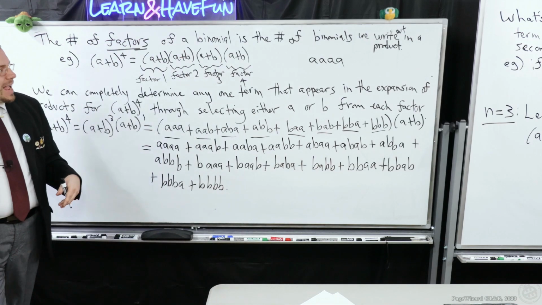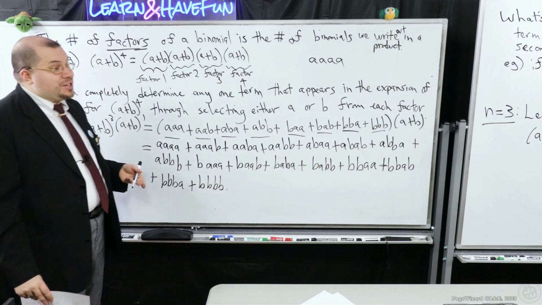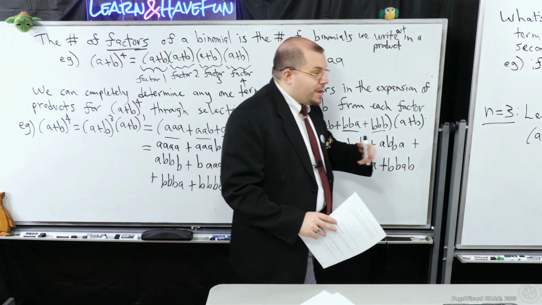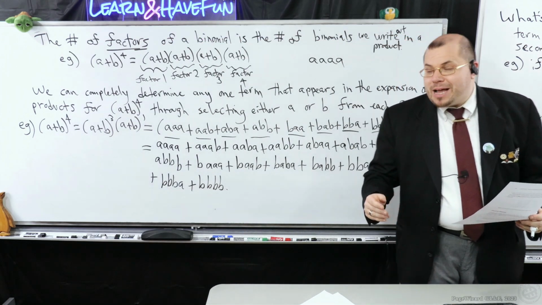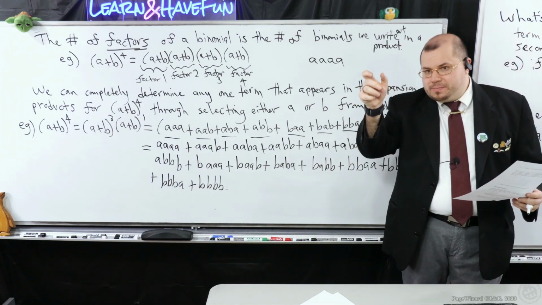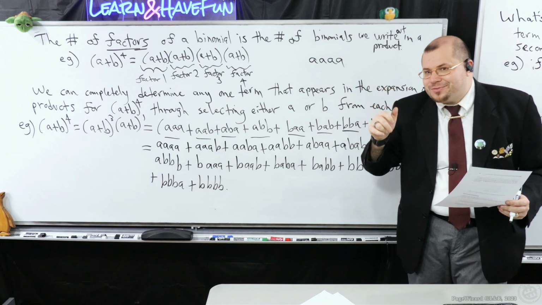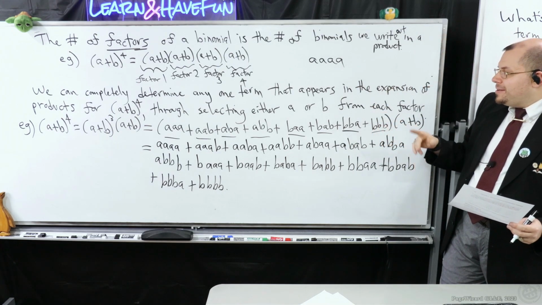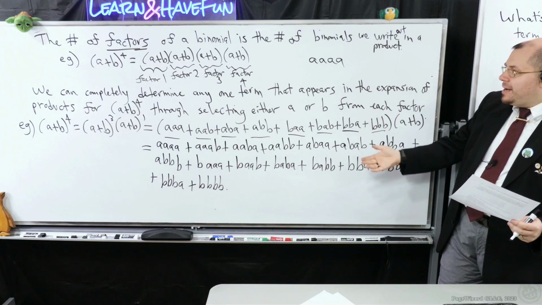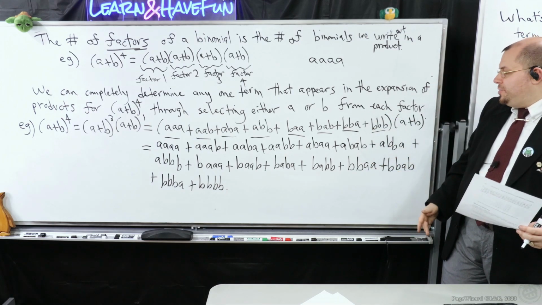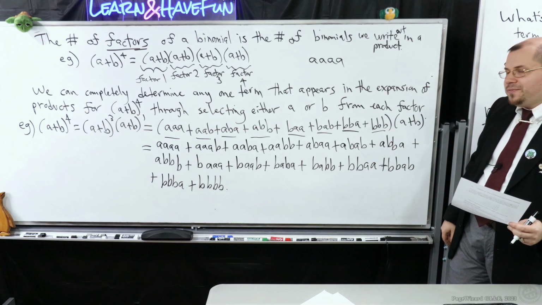Do you notice that I can just simply pick a selection of A's or B's? So either A or B. You can imagine each factor like a position. If you think about it like a position, this all clicks really nicely. So if I pick an A, then a B, then a B, you'll see it's in this list of terms.